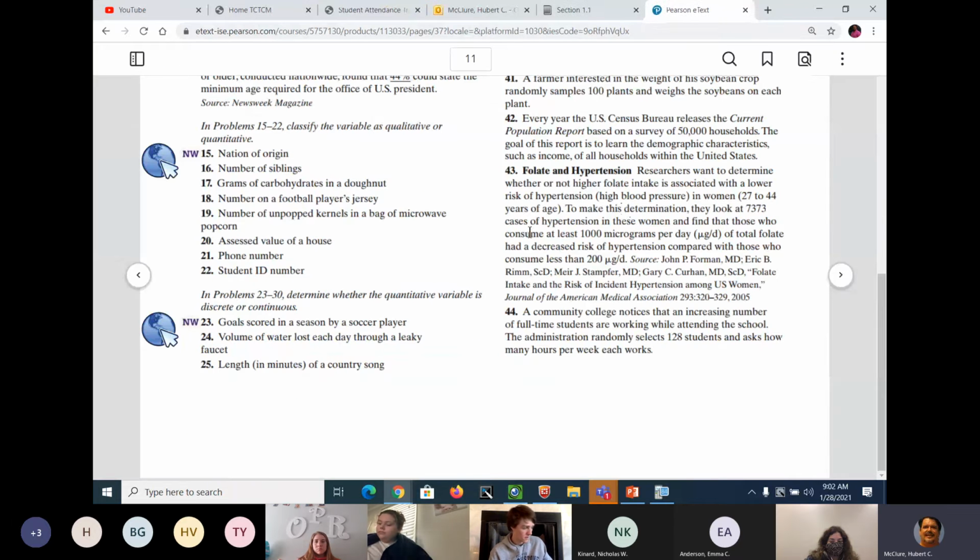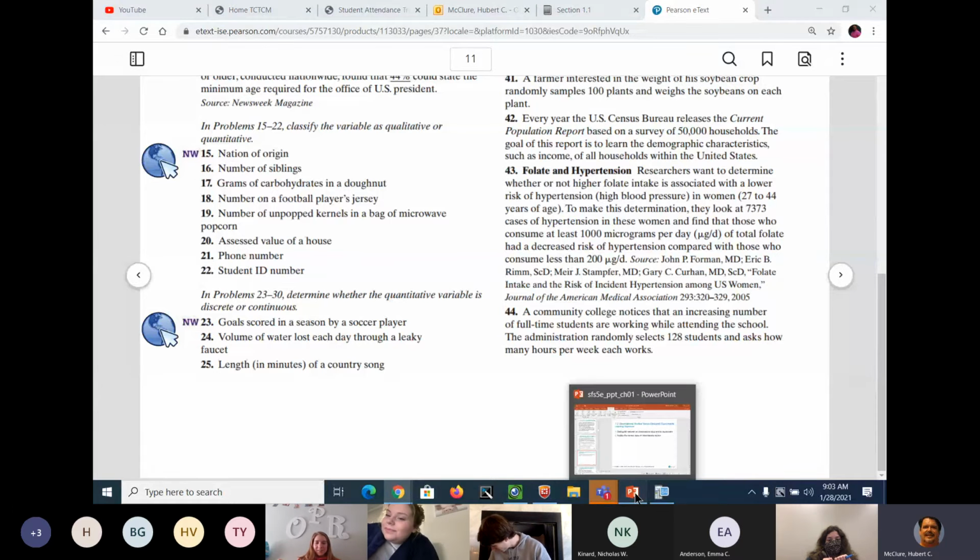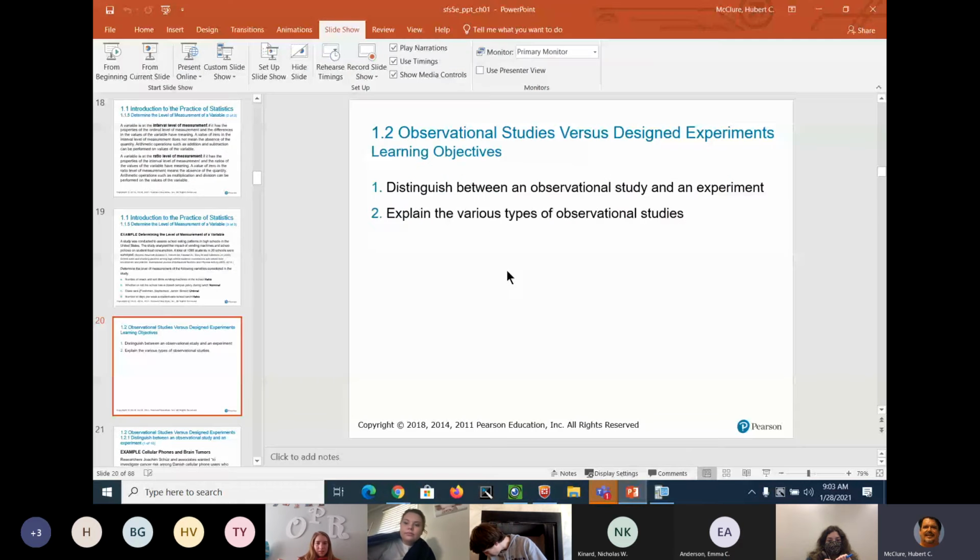Now, what if I was to take a cattle prod and every time somebody snored while they were sleeping, I stuck a cattle prod in their side and electrocuted them? That would be an experiment. Why would that be an experiment versus an observation?